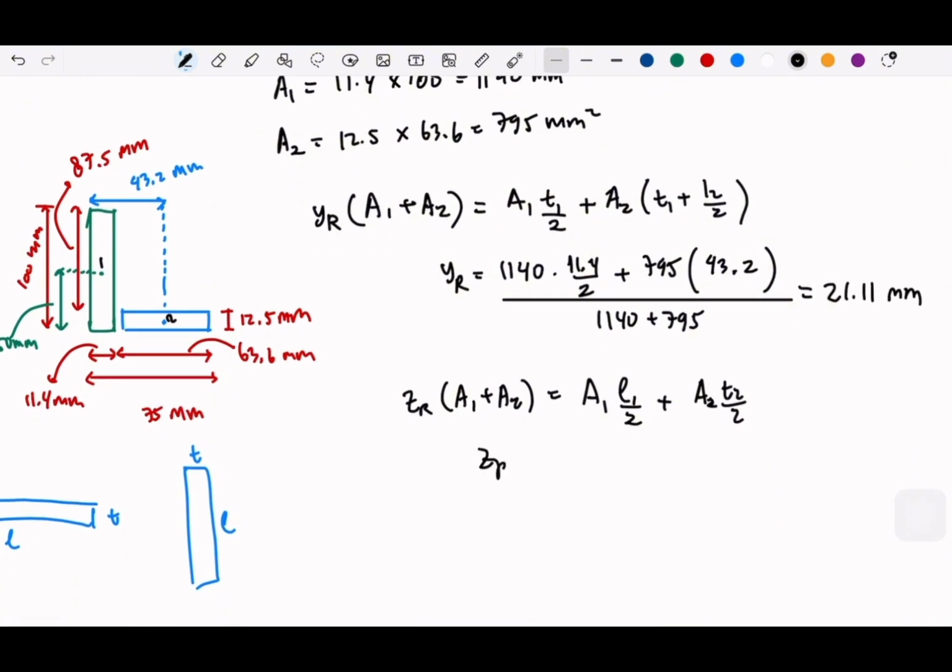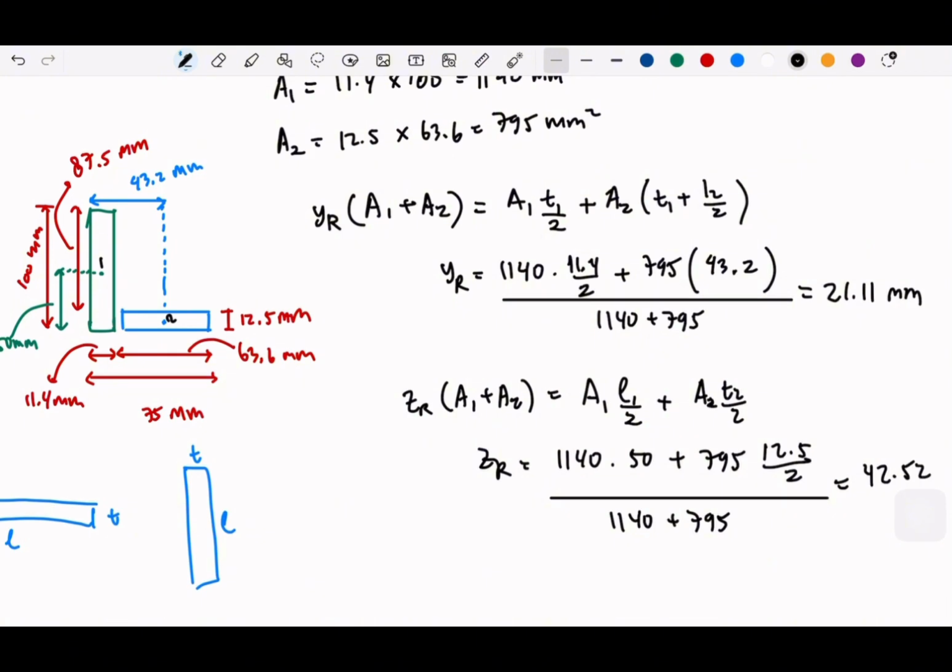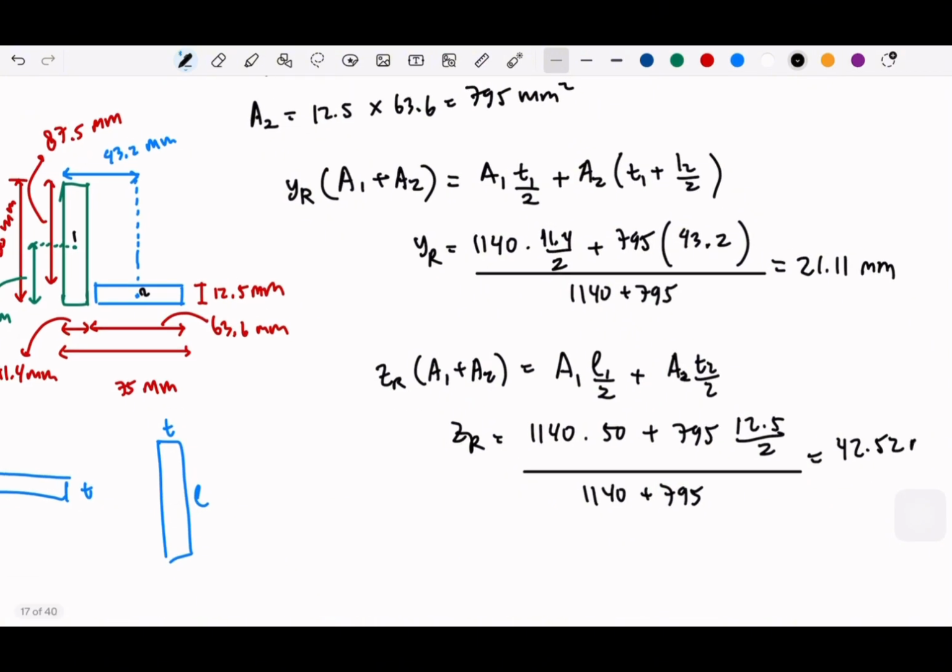and then ZR is L1, this is 50 plus 795 and 12.5 divided by 2, divide, this is supposed to be 42.52 millimeter.